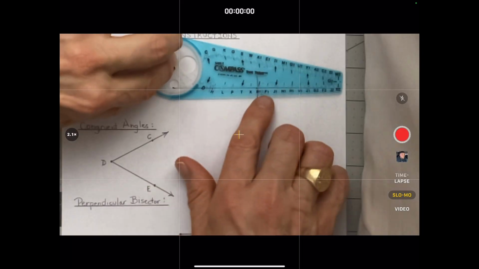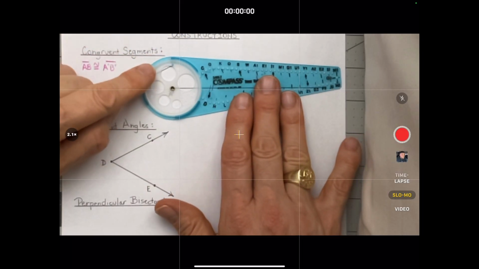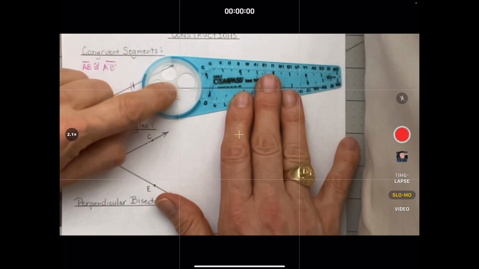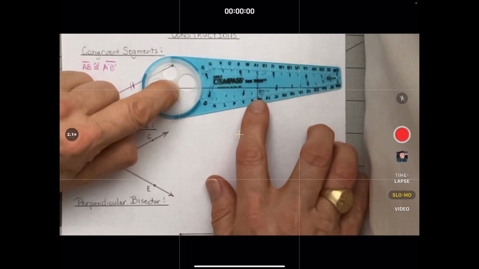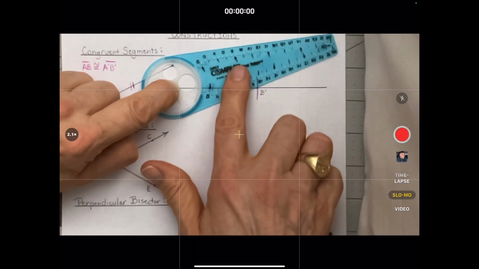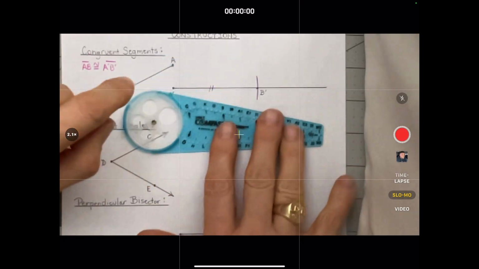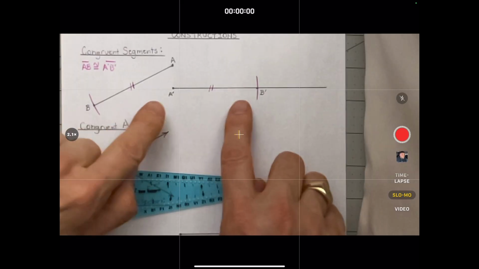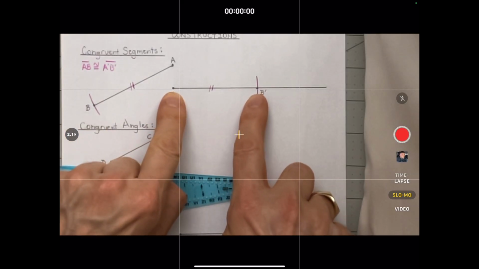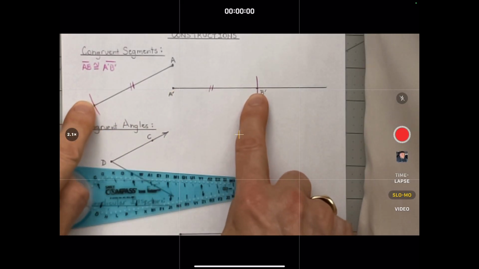I then picked up my compass, moved the pivot point over to A prime, and then I put the colored pencil at this B1 setting here, and then I made another arc mark. And what happens is this segment right here becomes congruent to this segment right here because the arc marks are the same distance apart.